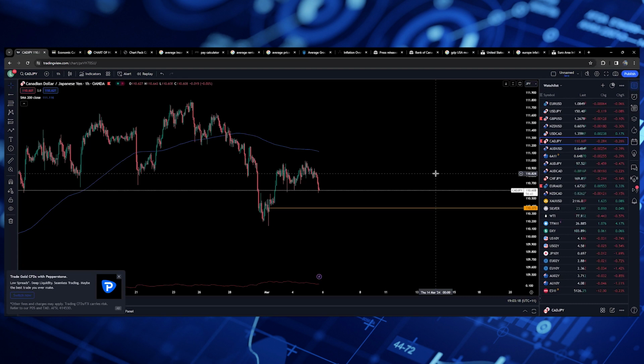It's just that I'm not comfortable trading JPY at this moment. I would rather allocate my capital into other CAD pairs like USD CAD or Euro CAD. But if your strategy works on CAD JPY, like you have a signal, that's good, man.